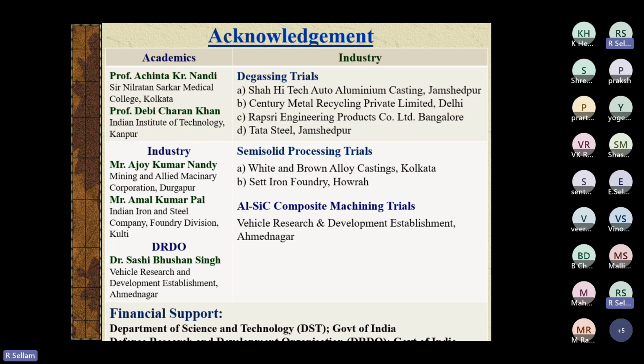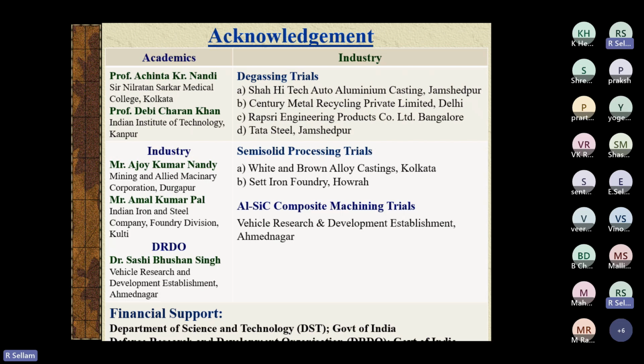Finally, I got financial support from the Department of Science and Technology, Government of India, and DRDO, Defense Research Development Laboratory. For industry degassing trials, I got support because I was associated with the IIF Jamshedpur chapter, where I got support from Saha High Tech and Automotive Casting to carry out industrial trials.